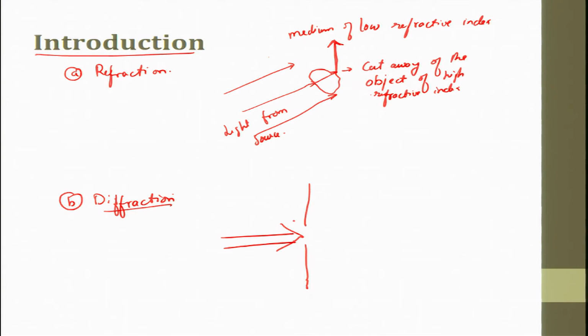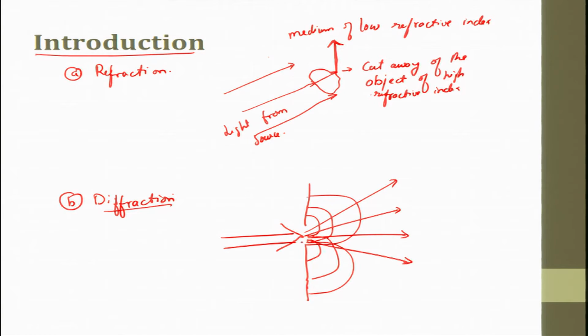So, you can see light going by. So, the light will pass through several of these sources, okay, and you can see this is a light source.